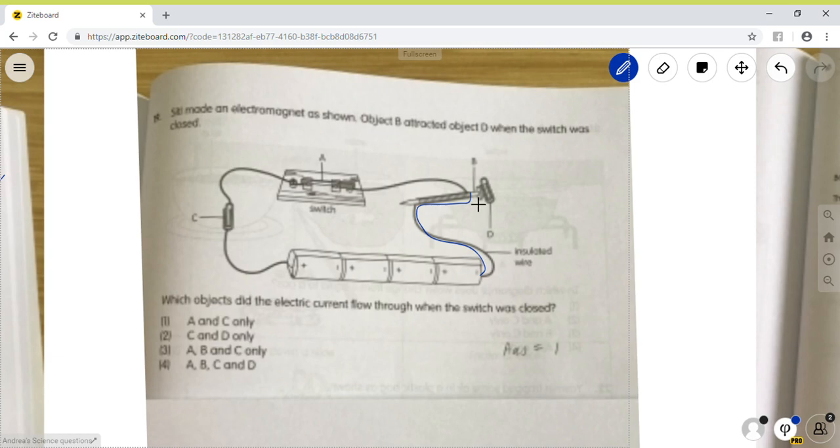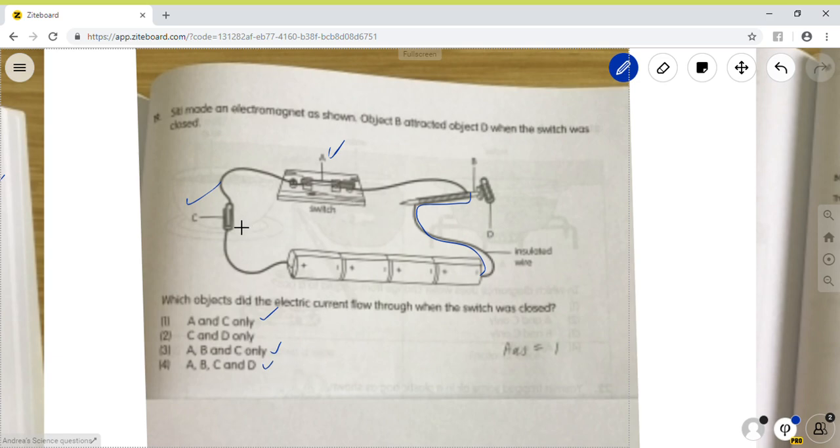Switch confirm, right? C also confirm. A and C confirm. Right, electric current must pass through this. So A and C is confirmed. Now how about C and D? So which option have A and C? This one, this one, this one.